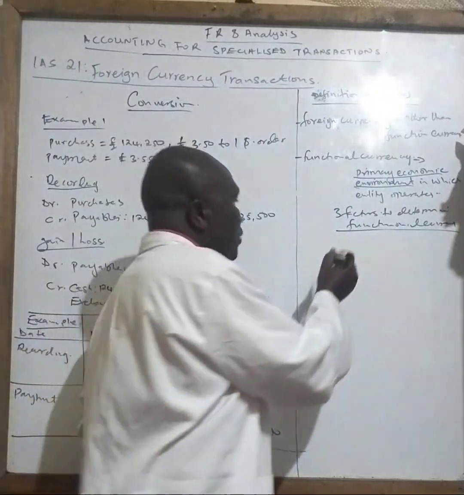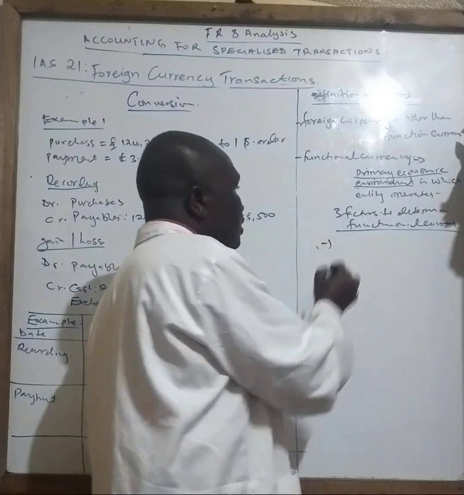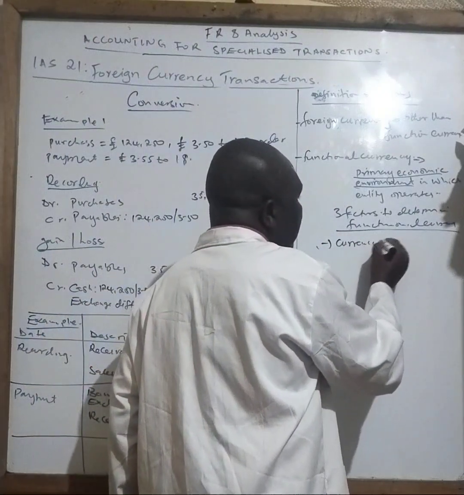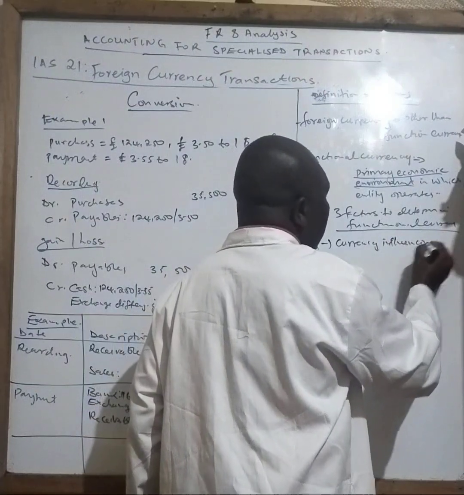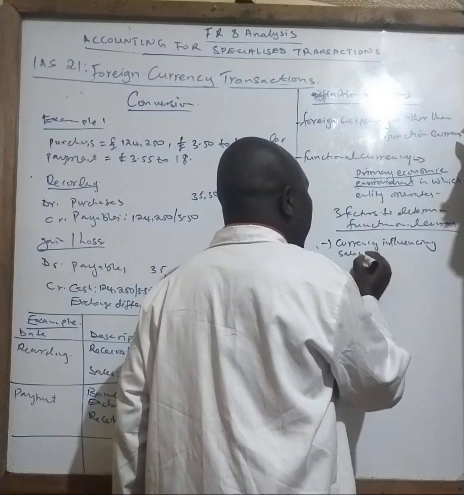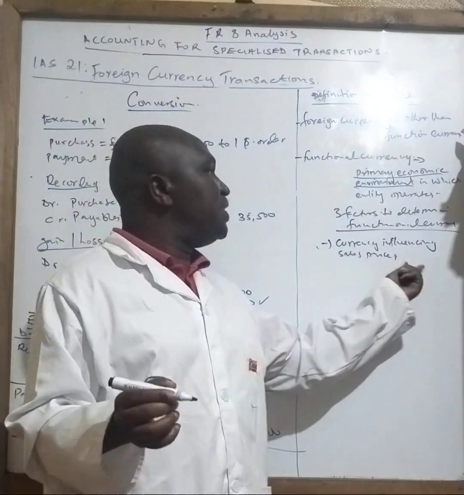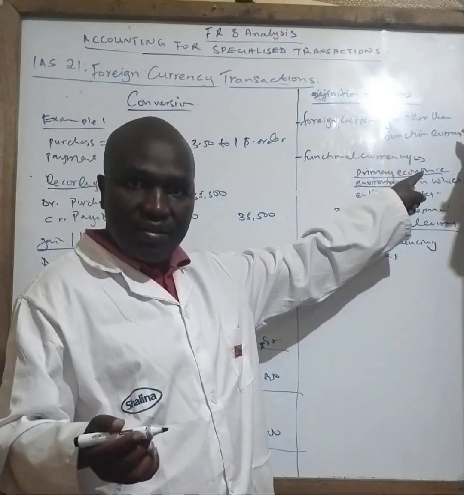Number one is the currency influencing sales price. The currency that is dominating the sales price will form what we call functional currency.